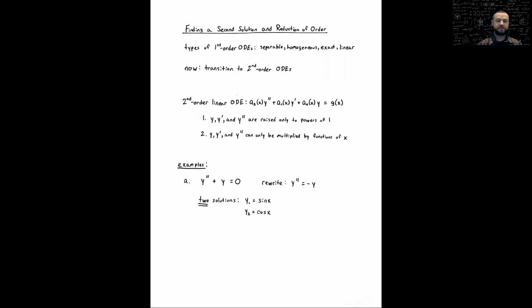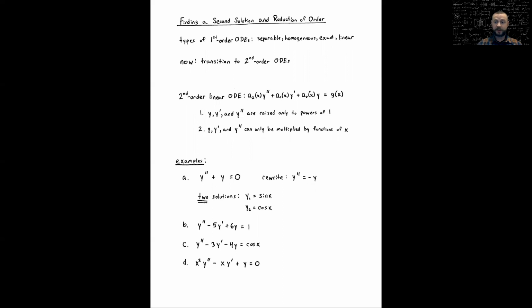We're going to have to be a little bit careful with how we define what two solutions mean, but I'll say very informally right now, second-order differential equations have two different solutions. And I think by all basic ideas that you know, sine of x and cosine of x are different. We're going to make that idea of functions being different more precise later in this lecture with something called linear independent functions.